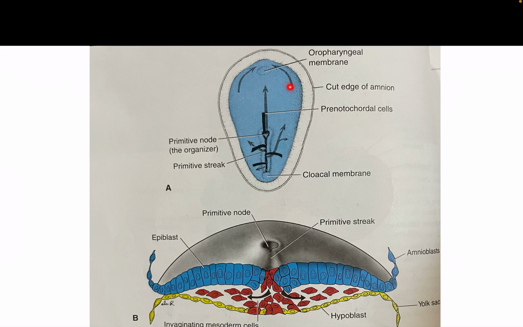They form this horseshoe-shaped or U-shaped structure. The cells settle over here, and the name given is the cardiogenic cells. They develop into the primary heart field. So these are the cells migrating from the primitive node most anteriorly.